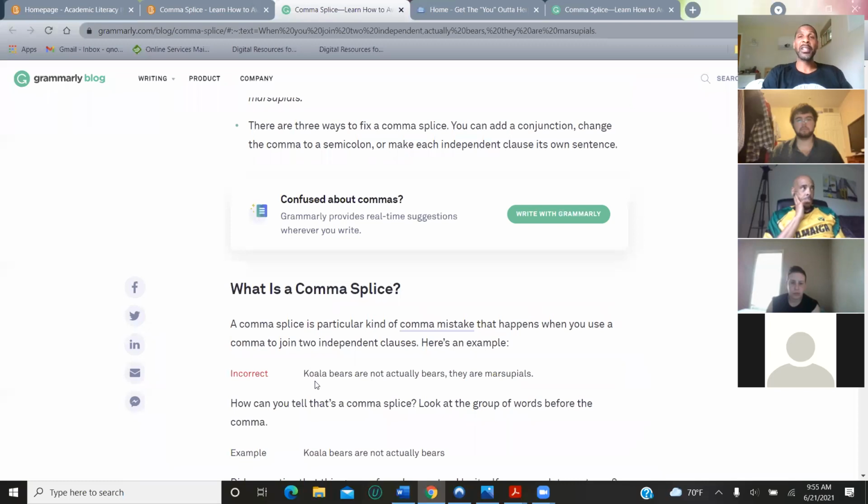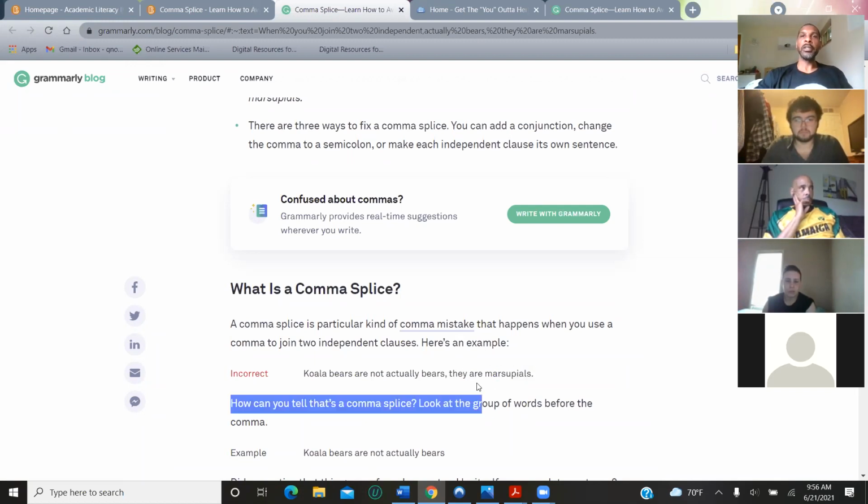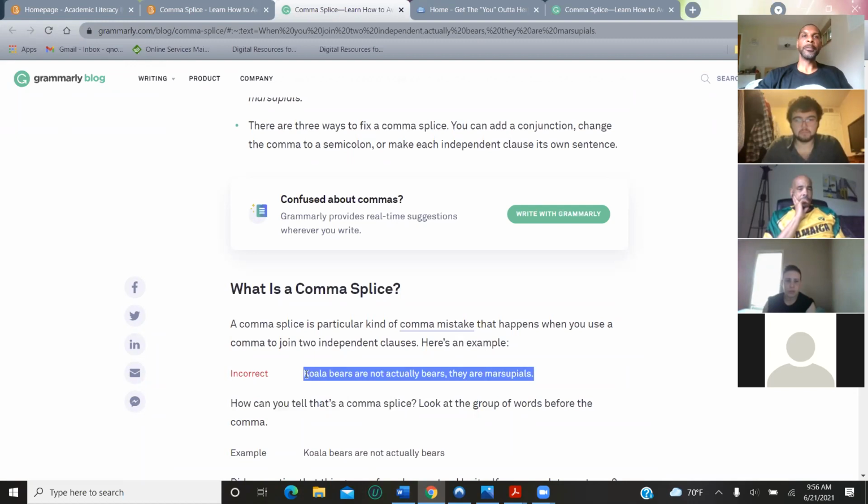Because we have two independent clauses there, meaning each part of this sentence could stand by itself and make sense. Koala bears are not actually bears, period. They are marsupials, period. So there are two complete sentences here.